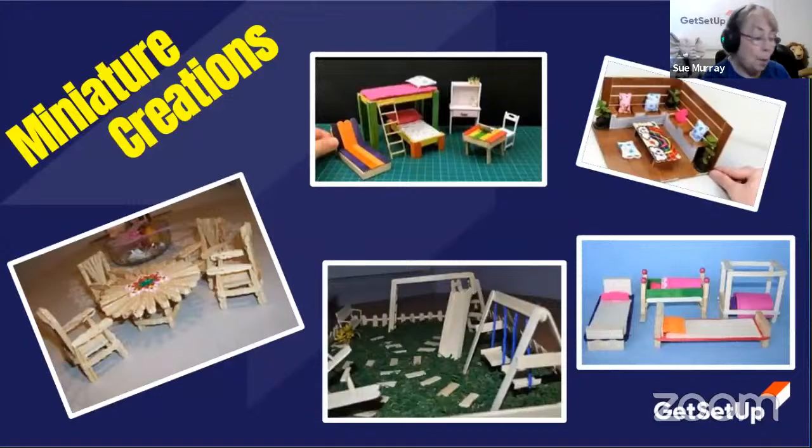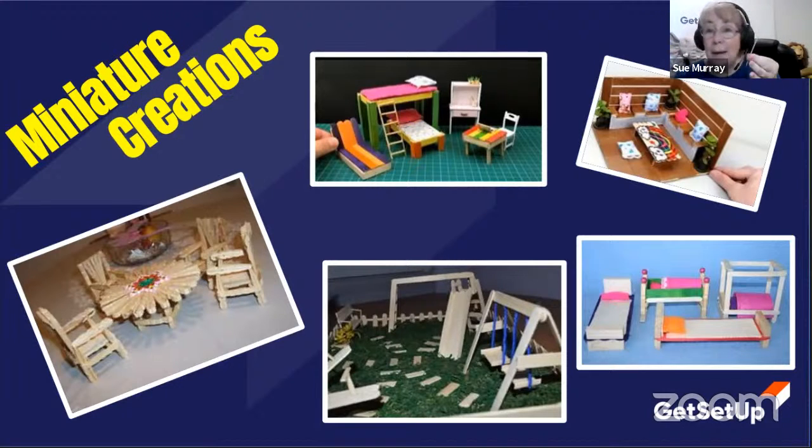You can use your popsicle sticks to make beds, tables, chairs, and if you want to make a double bunk bed, then you would use toothpicks and skewers to make the ladders. You would use the longer skewer for the length of your ladder, and then toothpicks to make the smaller ones.